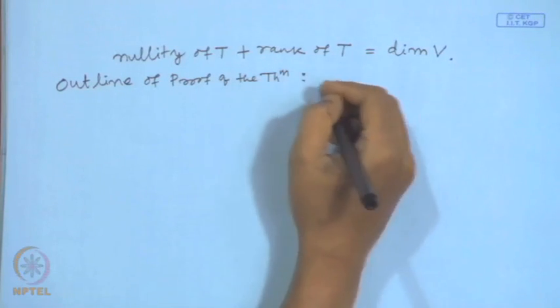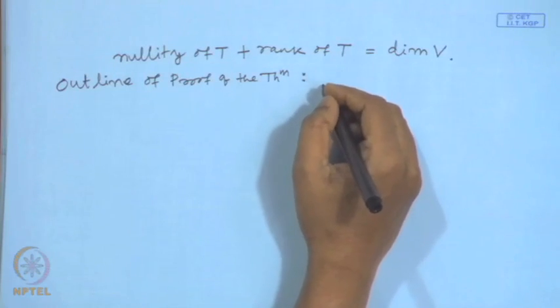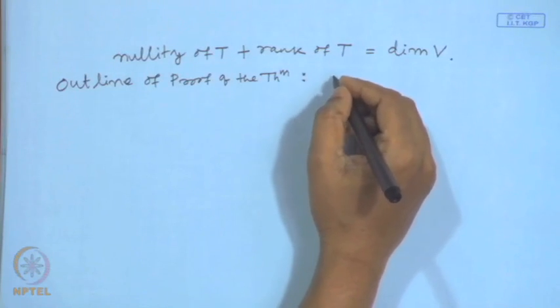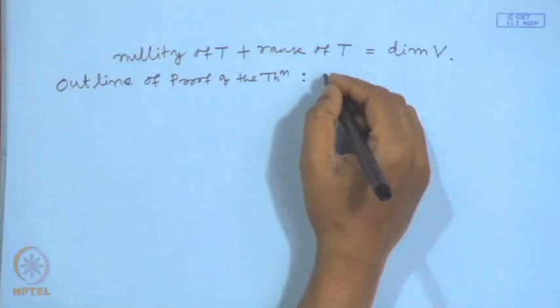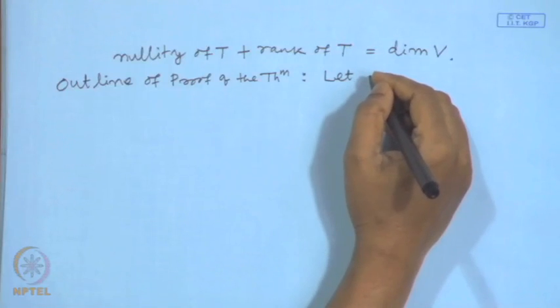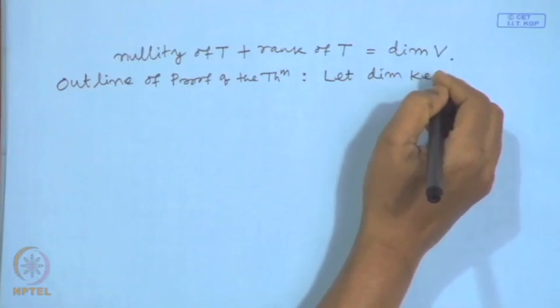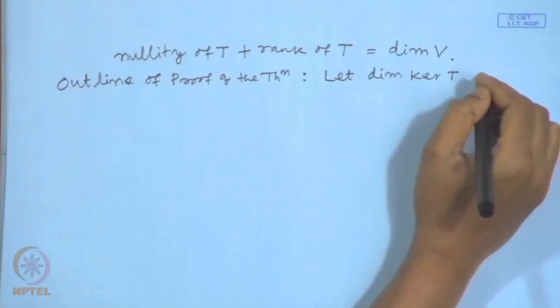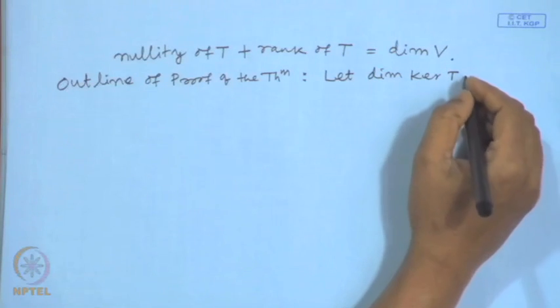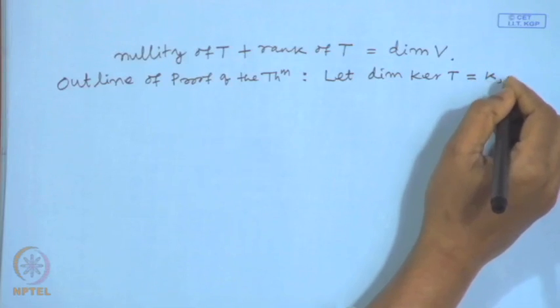Here one considers that since the dimension of V is finite, the dimension of the kernel of T is also finite. Let the dimension of the kernel of T, that is the nullity of T, be equal to k.